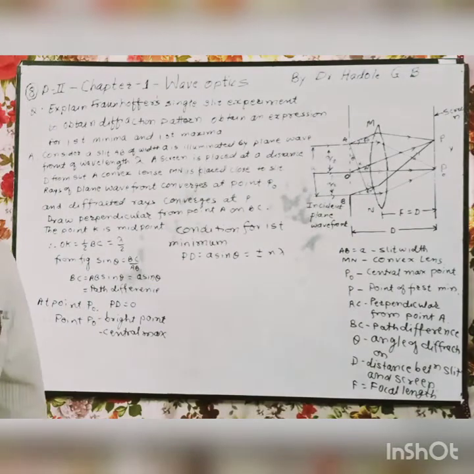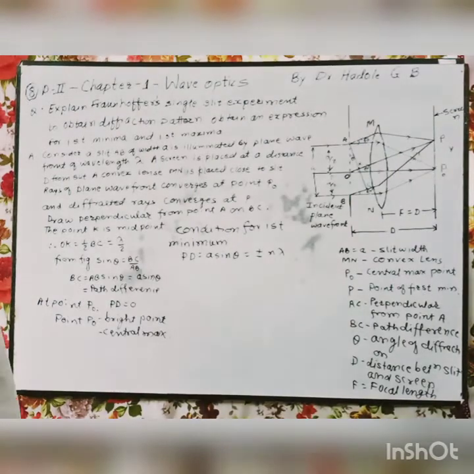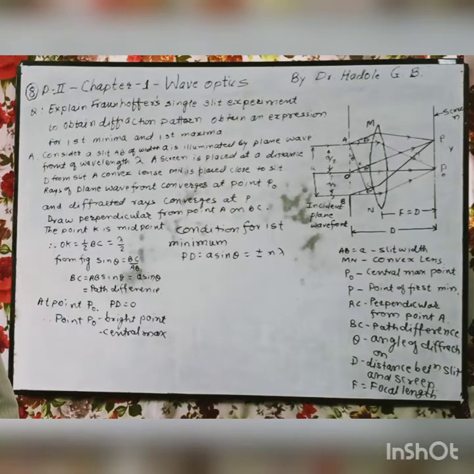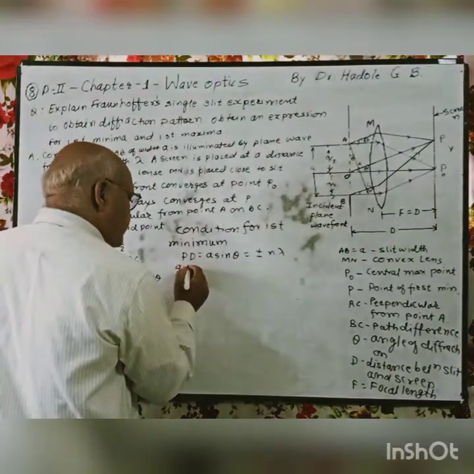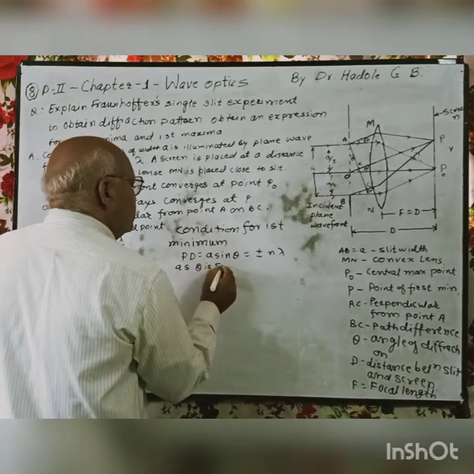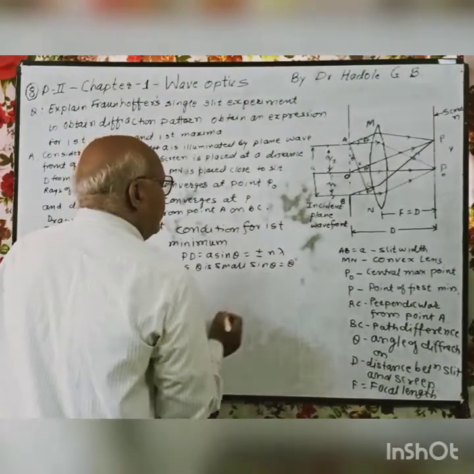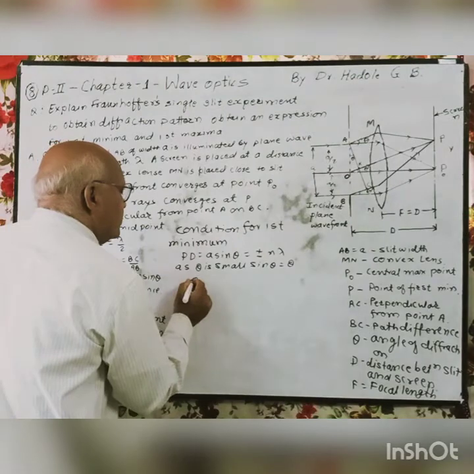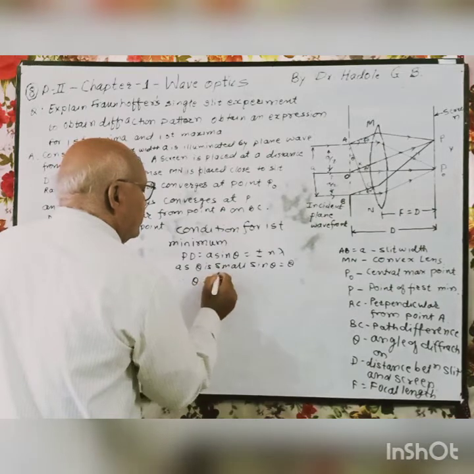Again, from the figure, as theta is small, sin theta equals theta, and therefore theta equals n lambda upon a.